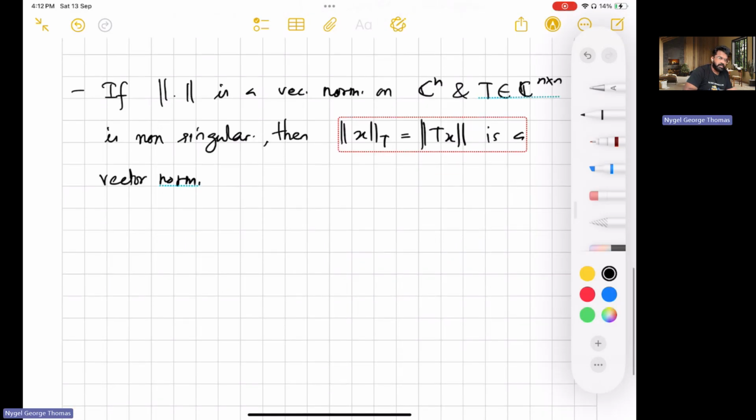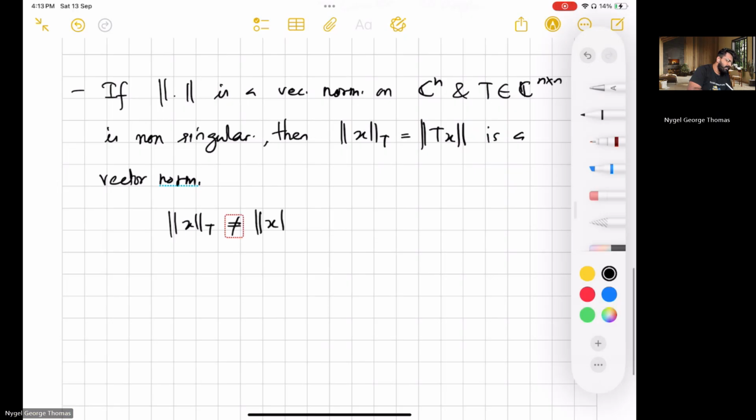Note that the norm of Tx need not be equal to the norm of x in general. There's a specific case in which these norms are actually equal.